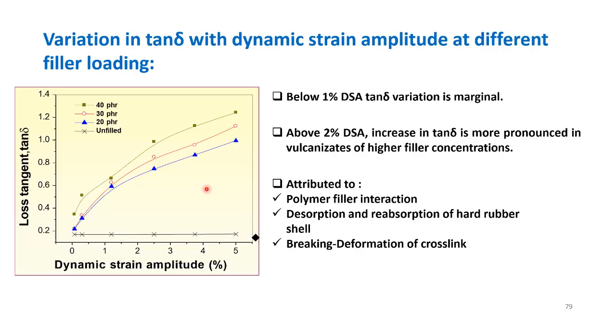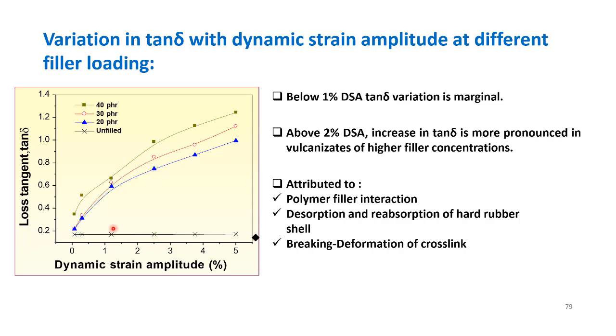Then the variation in tan delta with dynamic strain amplitude at different filler loading. Again, with increasing strain, tan delta is also increasing. At 1% the variation is marginal. At 2% the increase in tan delta is more pronounced in the vulcanizates of higher filler concentration. You see, here the values are very near, but as we go to about 2%, it becomes higher compared to the unfilled one.